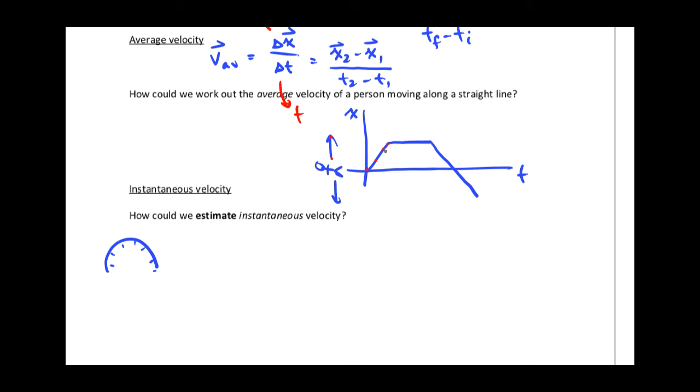And if it's actually a graph like this, where we have constant velocity, because velocity is the slope of a position time graph, then average and instantaneous are the same. So v average equals v instantaneous if v is constant.